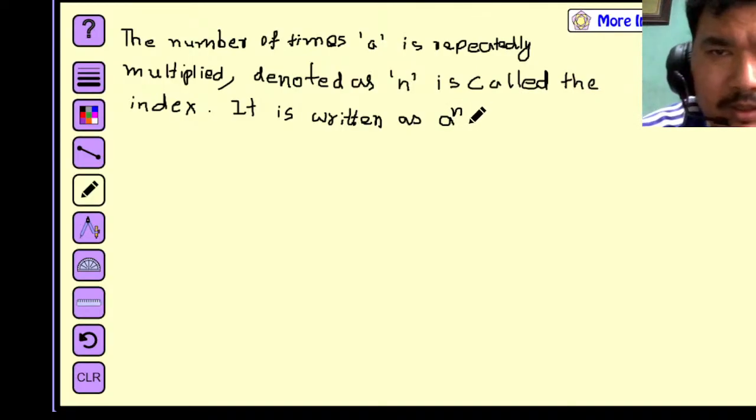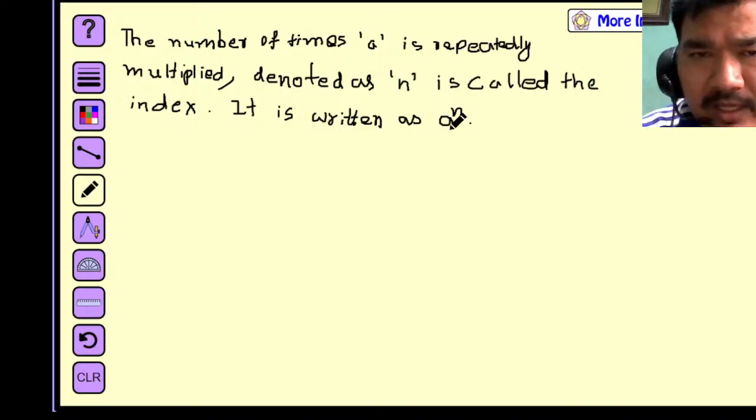Here this a is known as base and this n is known as exponent.